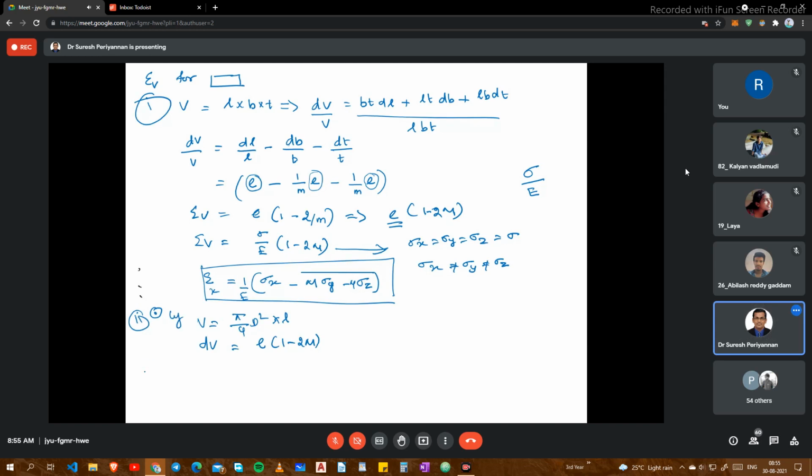This is for a sphere. Now, V is equal to pi by 16 into d cube. Then dV by V, finally you are going to get 3 into delta d by d. Okay. So now I come to the next slide.